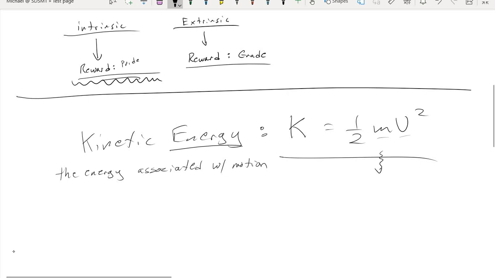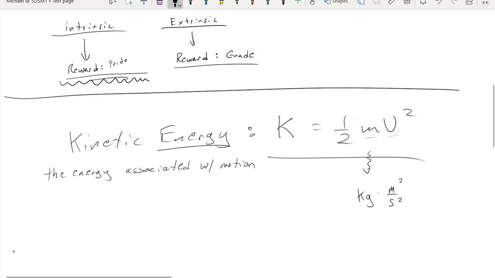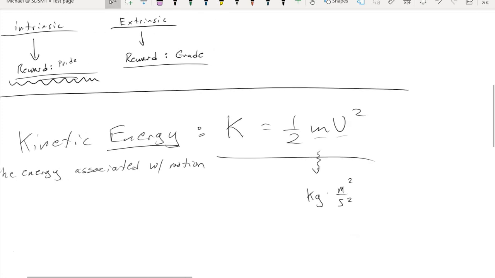In this equation, we have the mass of the object, which would be measured in kilograms, and we have the velocity of the object squared. Velocity is meters per second, but then we have to square that, so we get kilogram meters squared over seconds squared, and that looks deceptively like a Newton, except a Newton is a kilogram meter per second squared, and we have an extra meter.